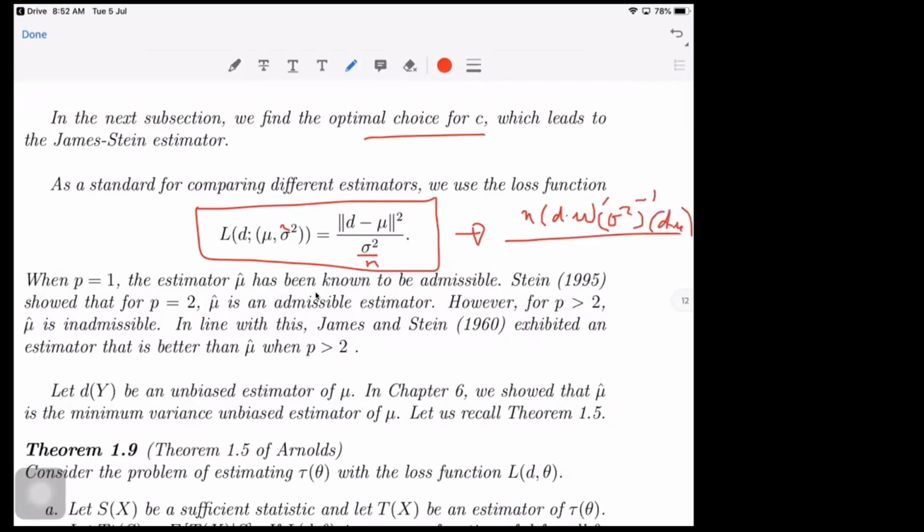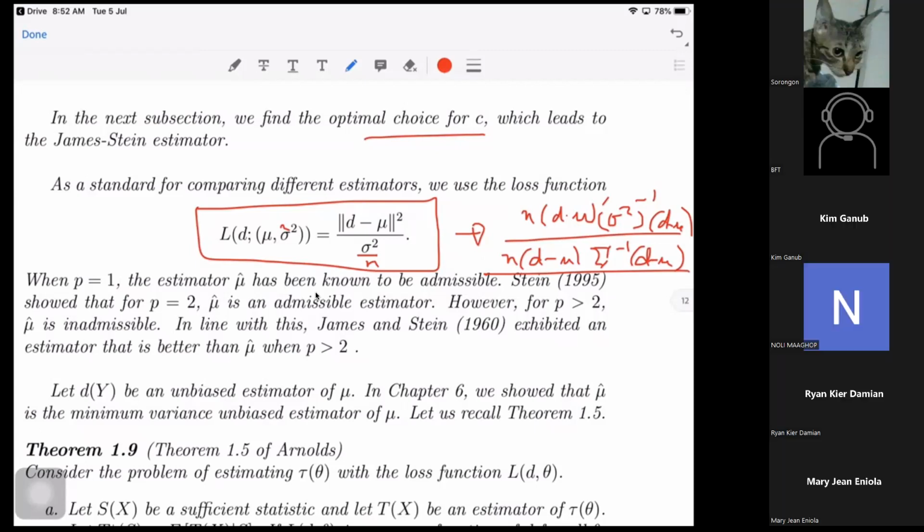This is the standard form of your Mahalanobis distance, n times d minus mu, sigma inverse. Is this familiar to you? This is the Mahalanobis loss function, correct? You look at your book. Okay, so equivalently in the univariate case, we use small sigma squared.